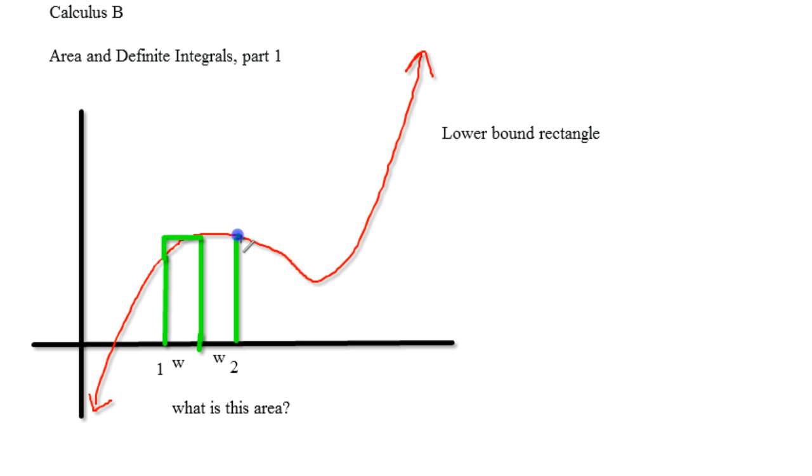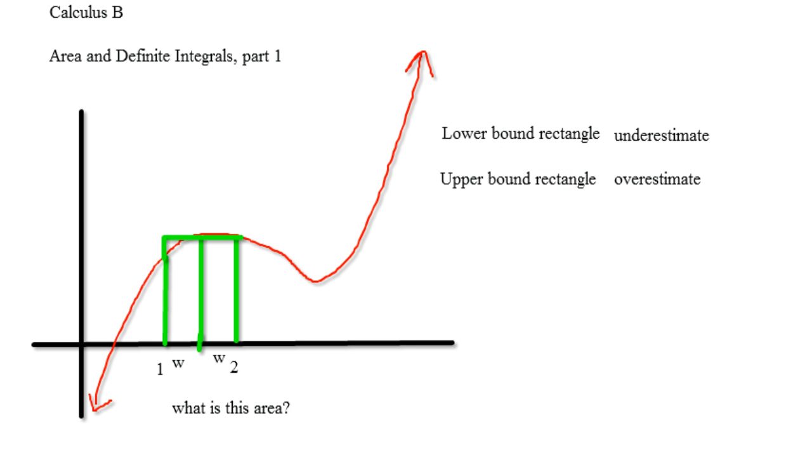We do the exact same thing: we find the heights, we multiply them by their widths, and we add up the rectangles. That would be an overestimate. So this is an under, and this is an over. Something pretty simple as that.